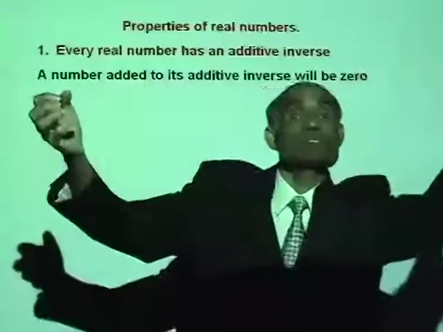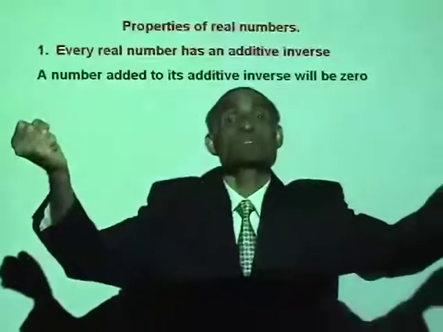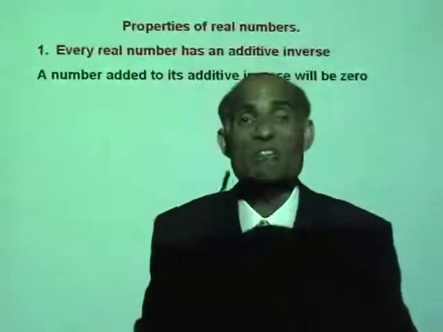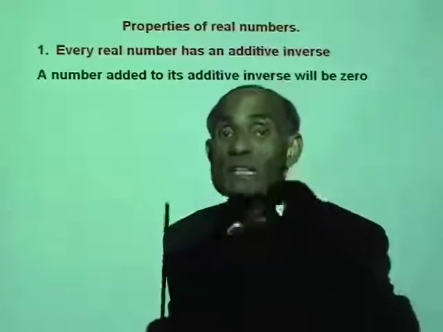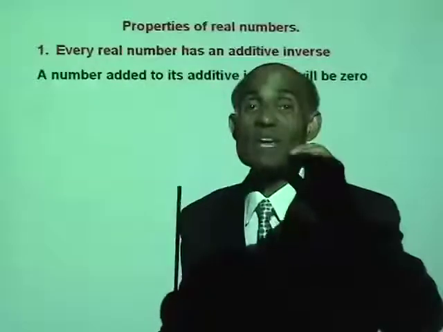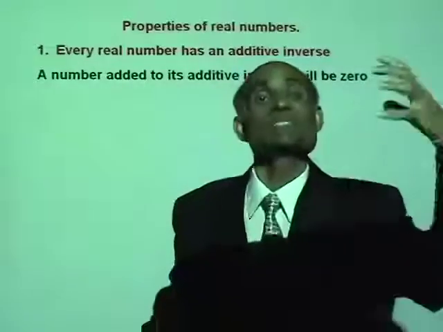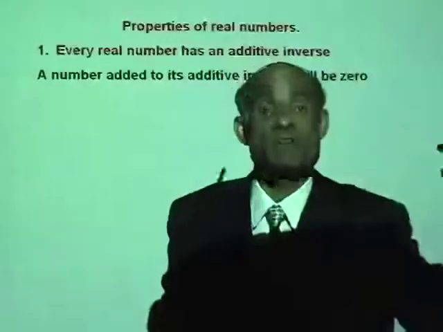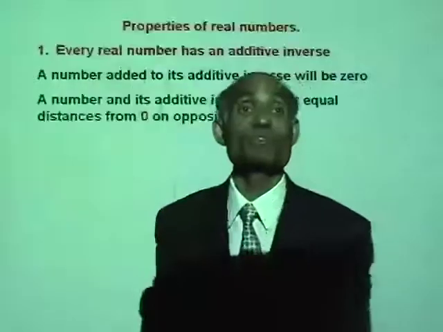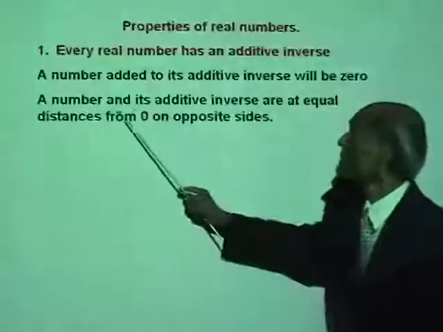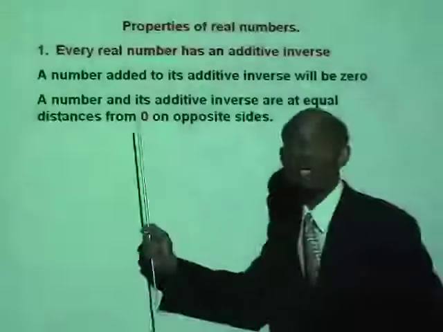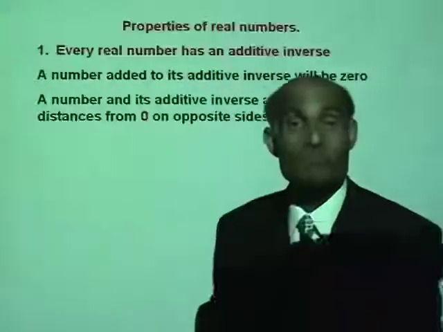10 added to negative 10 gives you 0. So, tell me, what is the additive inverse of 20? Additive inverse of 20 is negative 20. 20 added to negative 20 gives you 0. A number and its additive inverse are at equal distances from 0.